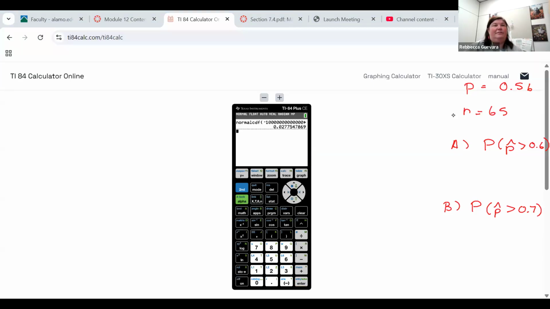Okay, so we just need to check if the distribution of p hats is normal. So I need to do n times p, and I have to do n times 1 minus p and see what I get.